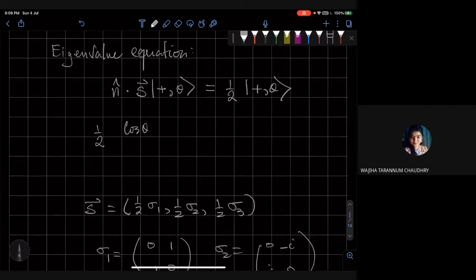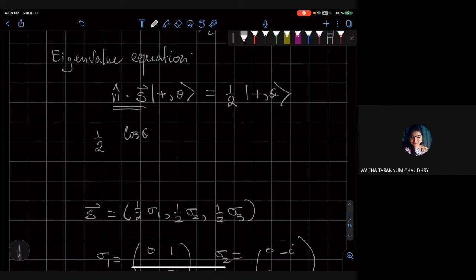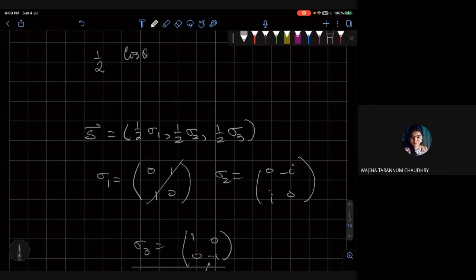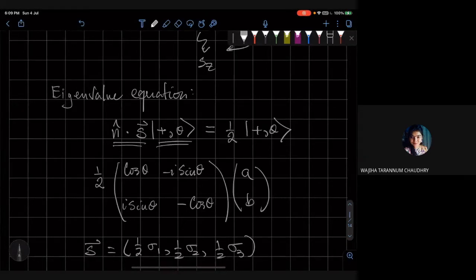If I do this, because our n vector's first component is 0, this term is not going to make a contribution. So this is going to be the matrix cosine theta, minus i sine theta; i sine theta, minus cosine theta. This is the left-hand side, acting on (A, B), and the right-hand side is half (A, B).